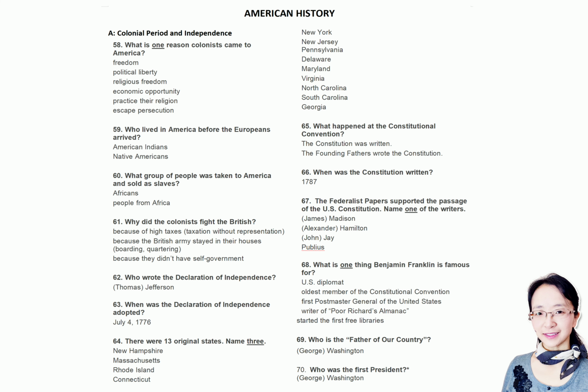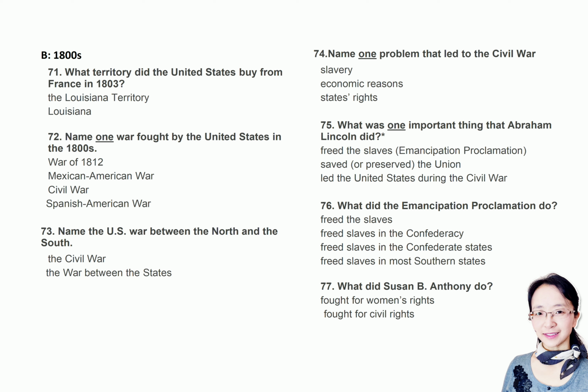George Washington. What territory did the United States buy from France in 1803? The Louisiana Territory, Louisiana. Name one war fought by the United States in the 1800s. War of 1812, Mexican-American War, Civil War, Spanish-American War.